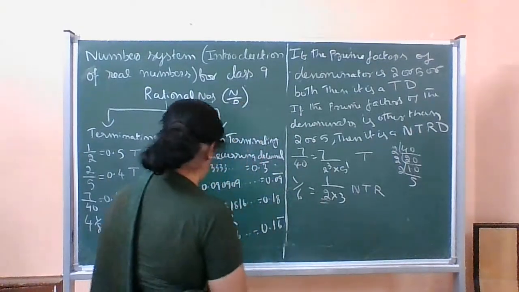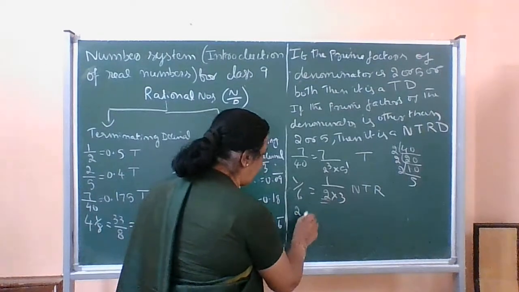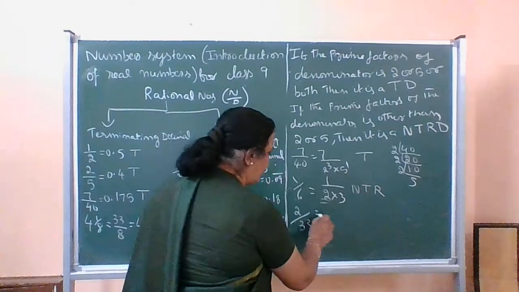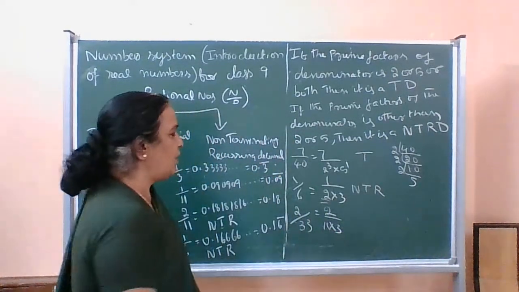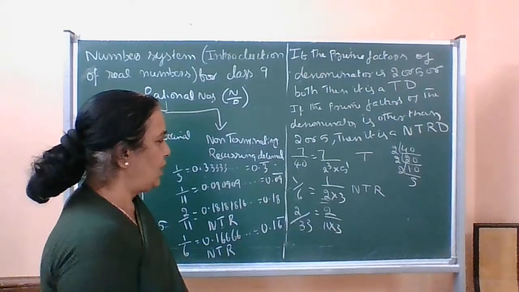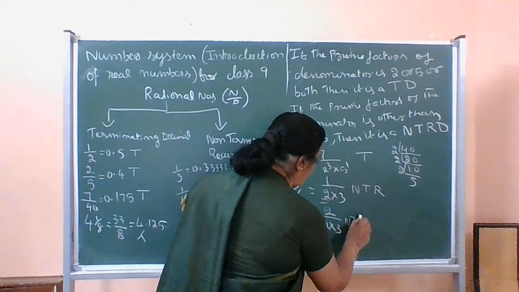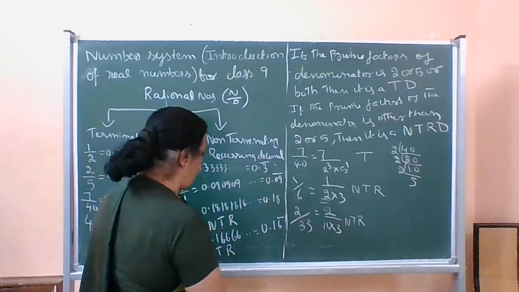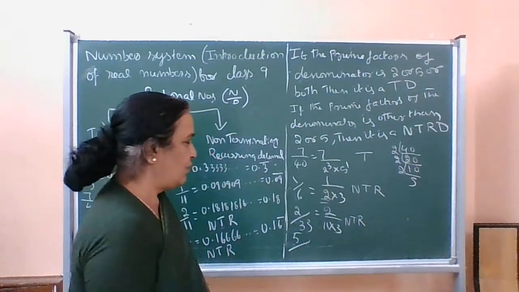If I take 2 by 33, what happens? 2 by 11 into 3. Here both are other than 2 and 5. Therefore, it is a non-terminating repeating decimal. If I write 5 by 18, we don't consider the numerator.